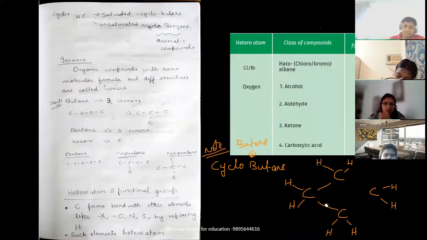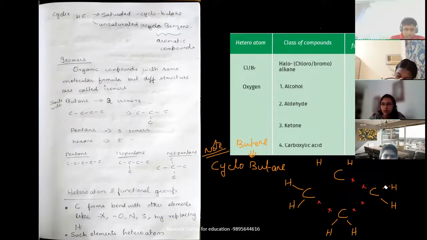These are single bonds in between, right? So I'm simply going to replace each with 2 electrons, because a single bond means they are going to share 2 electrons with each other, right?